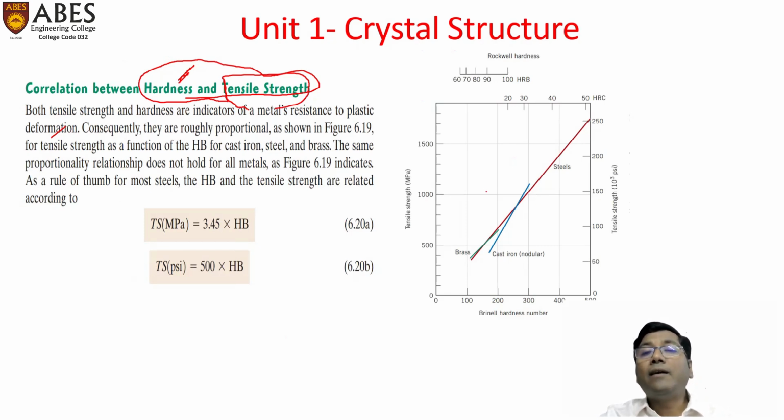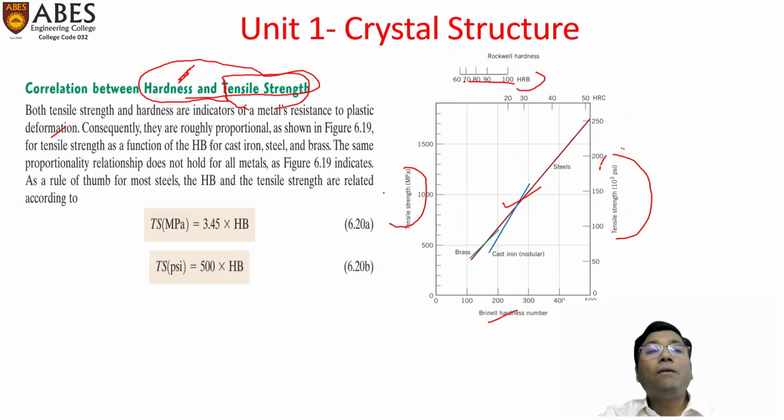As shown in the figure, Brinell hardness number is on the x-axis, tensile strength is on the y-axis, in psi, and various steels, cast iron and brasses are shown in red, blue and green. Also the HRB, Rockwell hardness B scale, is plotted over here.